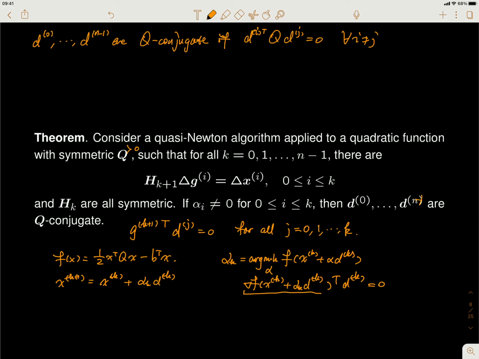And this part is the g k plus 1. So g k plus 1 is perpendicular to dk.